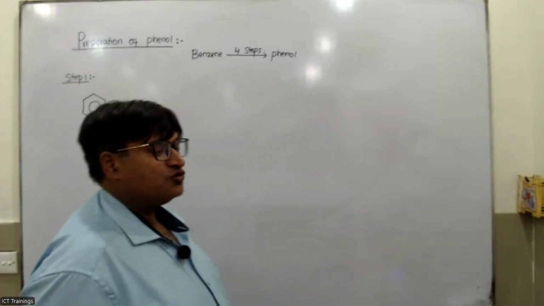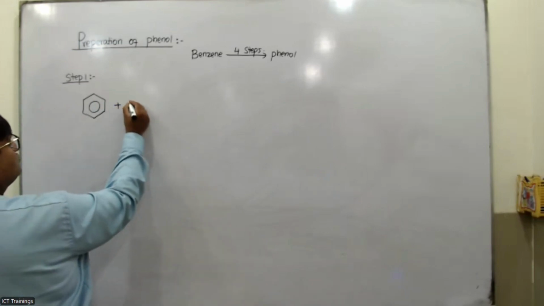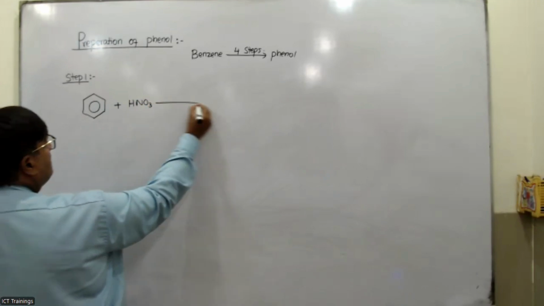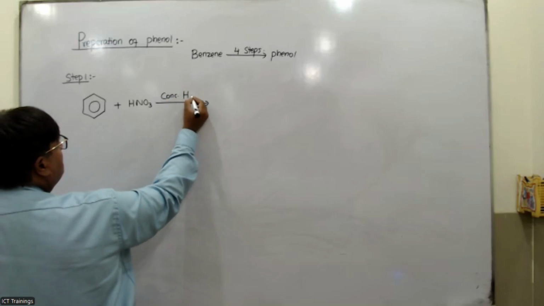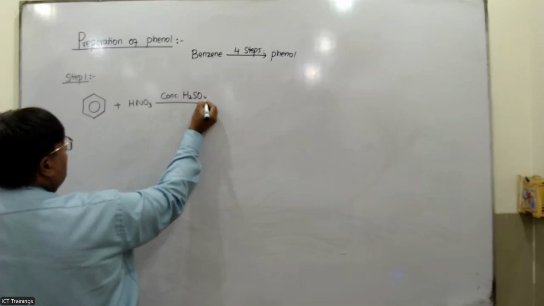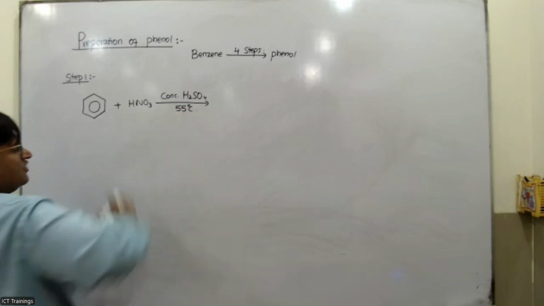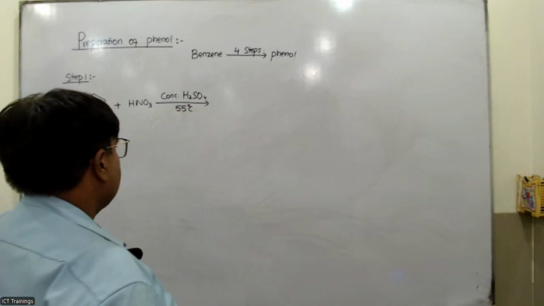If you want to prepare phenol, the first thing you should do is react it with nitric acid, HNO3, and concentrated sulfuric acid as a catalyst, at 55 degrees Celsius temperature.